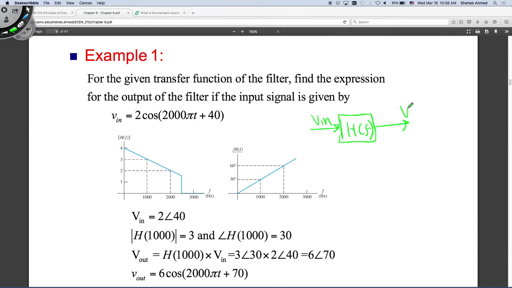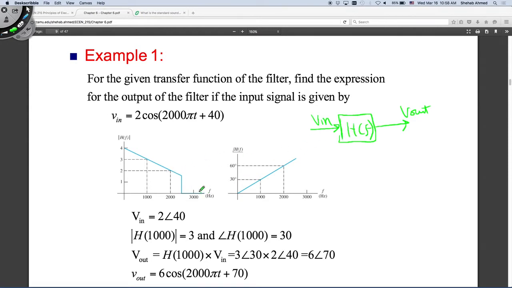So this is V in and V out, or it can be I in and I out, or it can be V in and I out, right? It depends on what transfer function is between any two variables in your system. For simplicity, we'll just talk about V in and V out. So a signal is coming in and something else is coming out based on the transfer function. So this is the transfer function h of f.